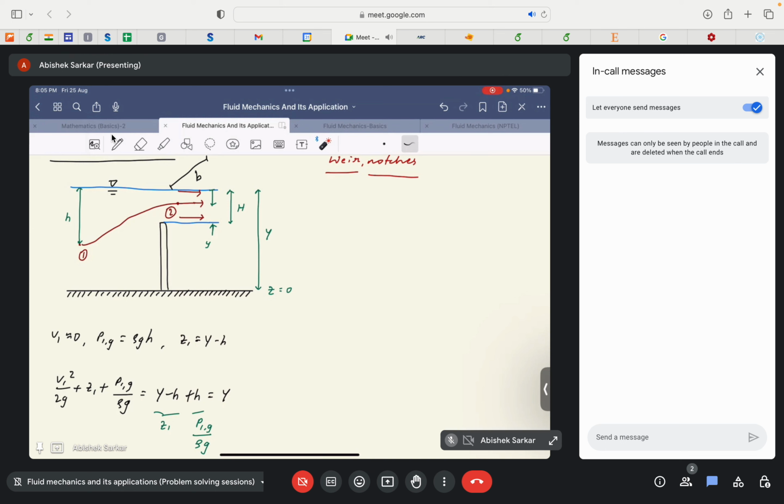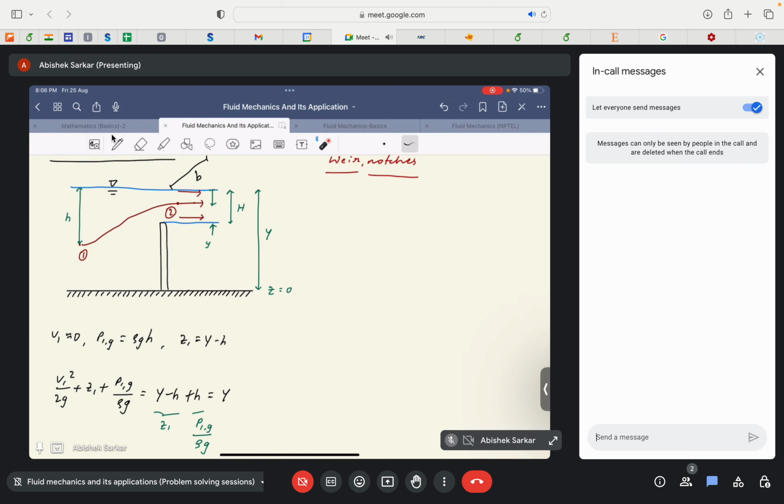But given that compared to the velocity at point 2, v1 is much smaller, we can ideally just take the velocity at point 1 to be equivalent to 0. In the case of weirs where the depth of the channel is much higher, the velocity at point 1 can ideally be taken to be equal to 0.